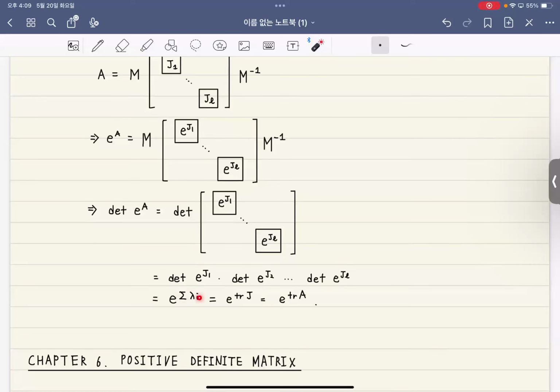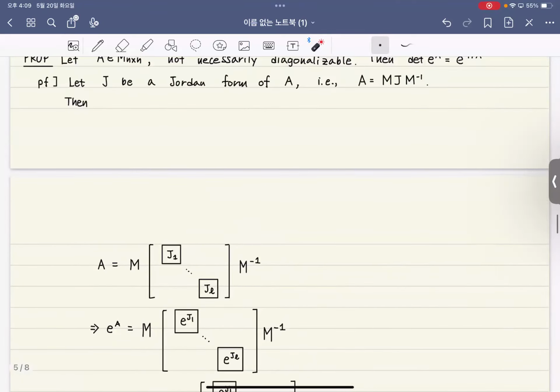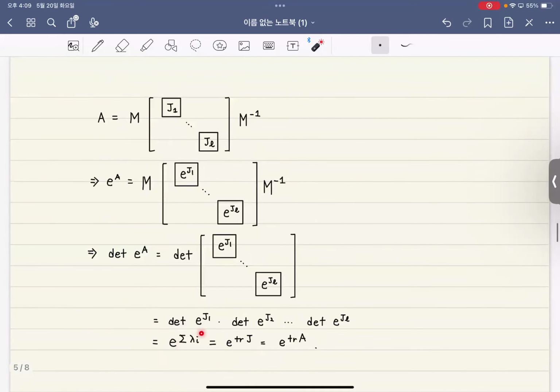So this summation of lambda i's means the summation of all diagonal entries from here to there, right? But do you remember this? Counting up the multiplicities, every n by n matrix has n eigenvalues, right?